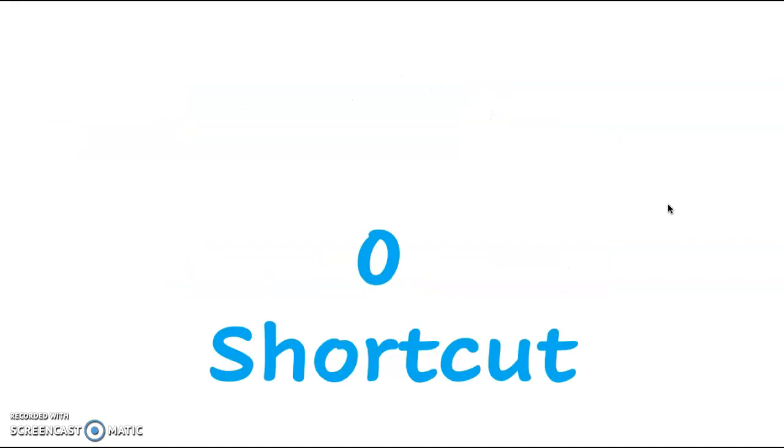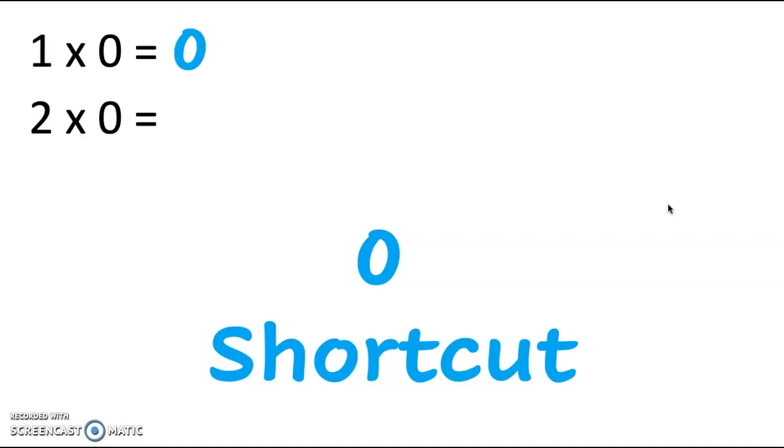Let's look at a different rule. So here is the 0 shortcut. All right, easy peasy again. If I've got a problem like this, 1 times 0 equals, let me give you a hint. Any number multiplied by 0 is going to be 0. So if I've got the problem 2 times 0, what would the product be? 0.